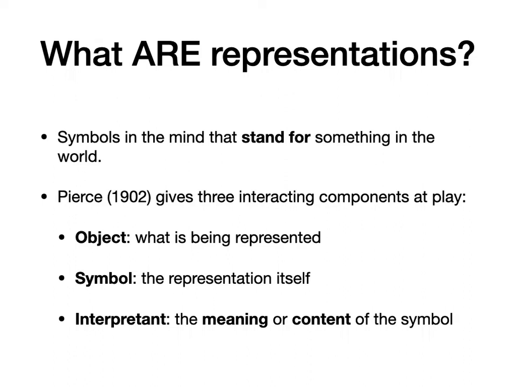Peirce, in 1902, gives these three interacting components that are at play when you are dealing with a representation. There is the object, what is being represented in the world. There is the symbol, the representation itself. And then the interpretant, the meaning or content of the symbol that gets us there.